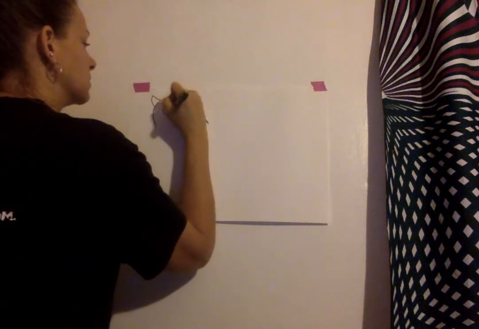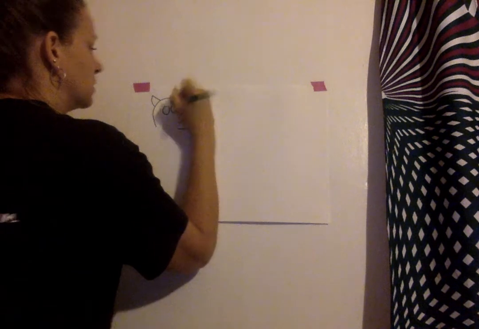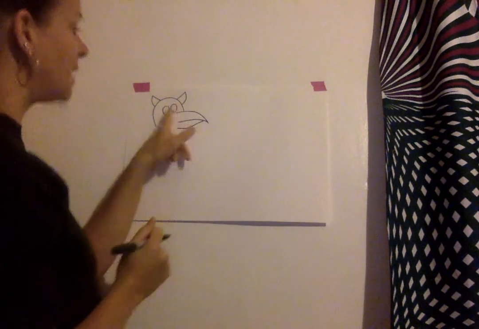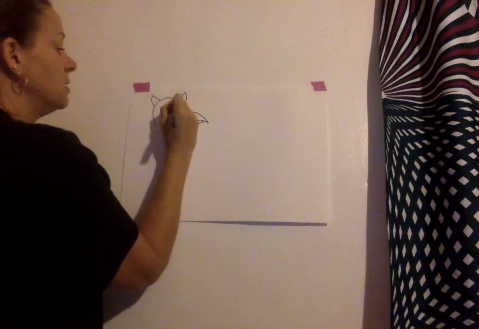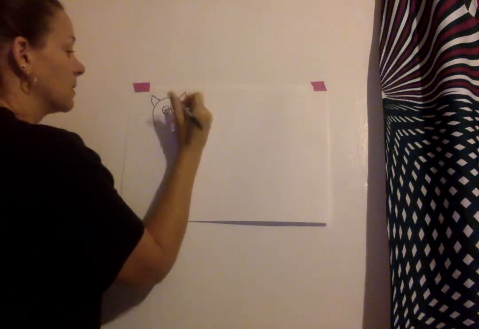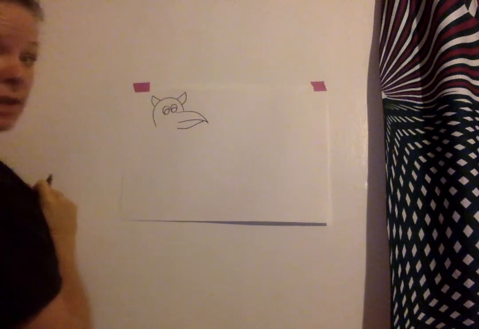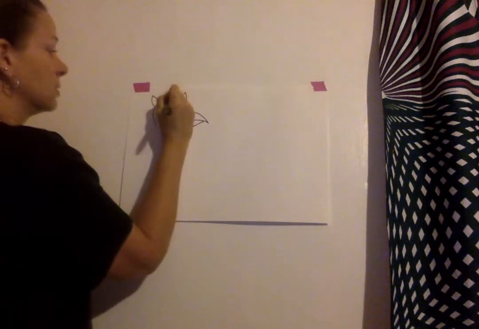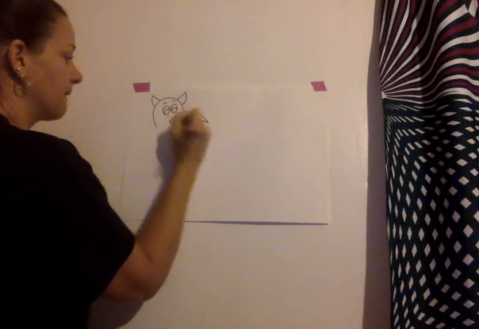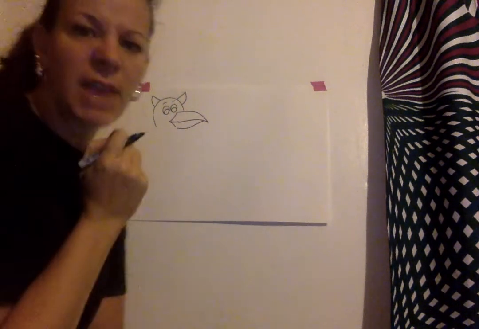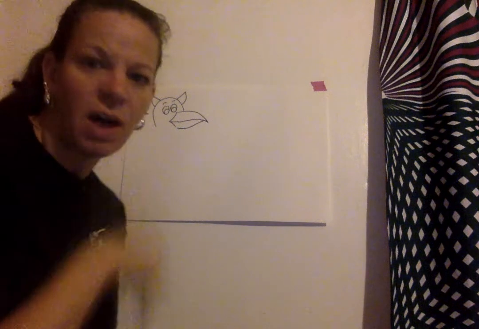And when I'm adding those eyes, I want to make a big circle and then a smaller circle inside. That way I'll have part to color yellow. Let me finish this beak here. What kind of animal body could he have?